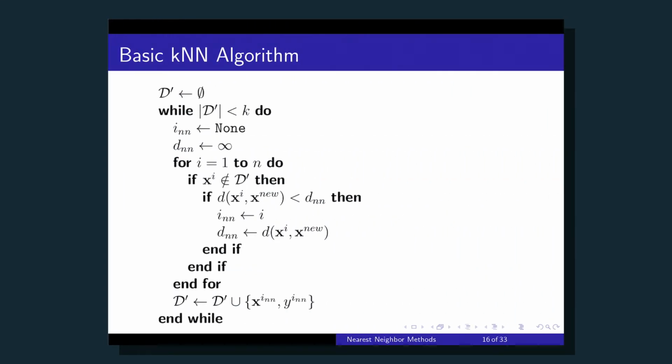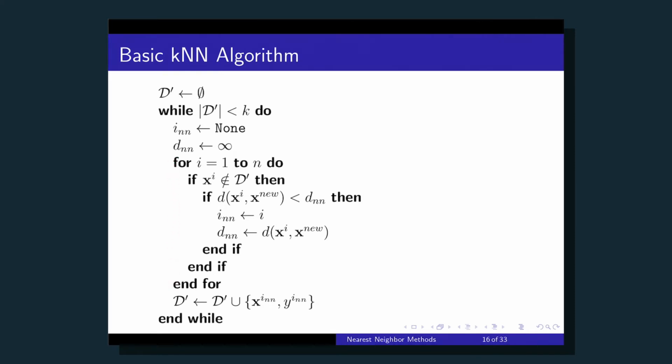So here's the basic k nearest neighbor algorithm now, and it's an extension of the one nearest neighbor algorithm we saw. The only difference is, you'll notice that this part is more or less the same as one nearest neighbor, and what you do is you use that core, this for loop that's the minimum for loop from before, to build a set of nearest neighbors.